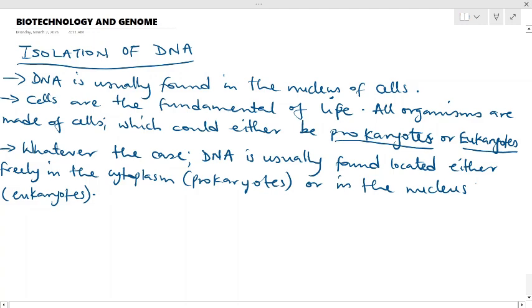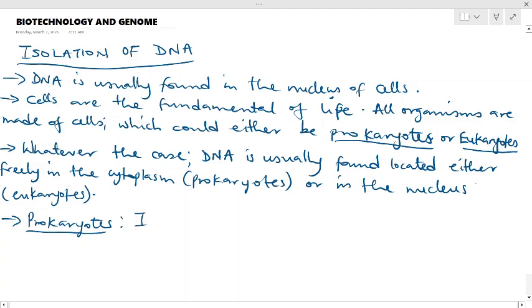Let's take prokaryotes first, with the spotlight on them. In prokaryotes, the nucleoid consists of the bacterial DNA and is enclosed within a membrane.